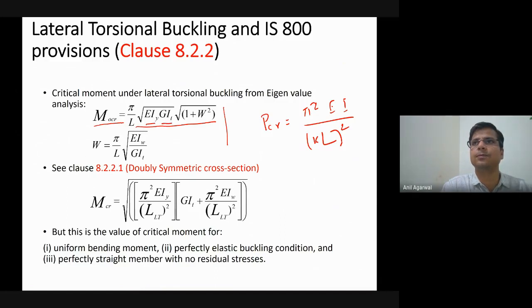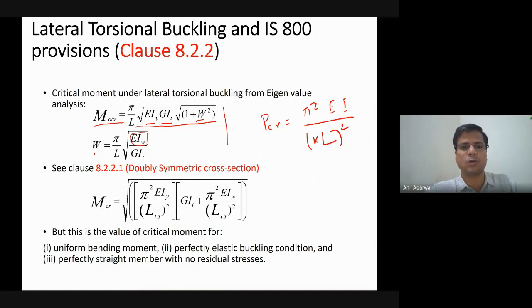GIT corresponds to St. Venant's torsion. W, if you see the value of W, which is to be taken from here, it has expressions of IW and GIT, right? So EIW is basically your warping resistance, warping torsional, fine, and that is your W. So you substitute this W into this expression, and you will get the overall expression.